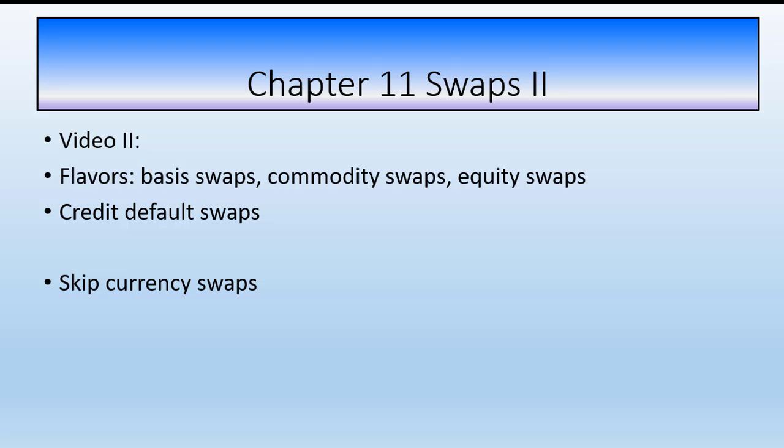between these two floating rates as determining your payoffs. We will look at commodity swaps, which means you swap a commodity price for a fixed price. And then equity swaps, which means you're swapping an equity return for LIBOR, an interest rate. And then at the end, we'll cover credit default swaps and the issues there.